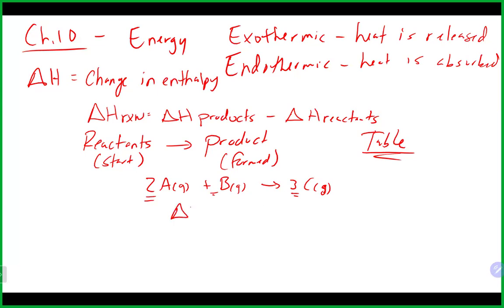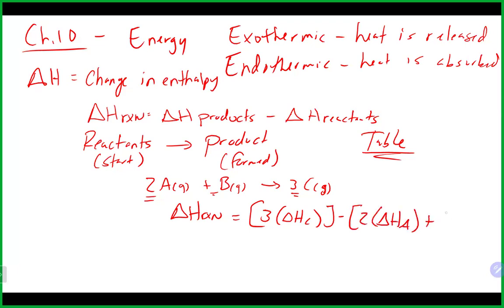So if we were going to calculate the delta H of this reaction, we would take 3 times the delta H value for C that we'd find in the table, minus 2 times the delta H value for A plus 1 times the delta H value for B. So you do need to take those coefficients into account when you look up those values and do this calculation.